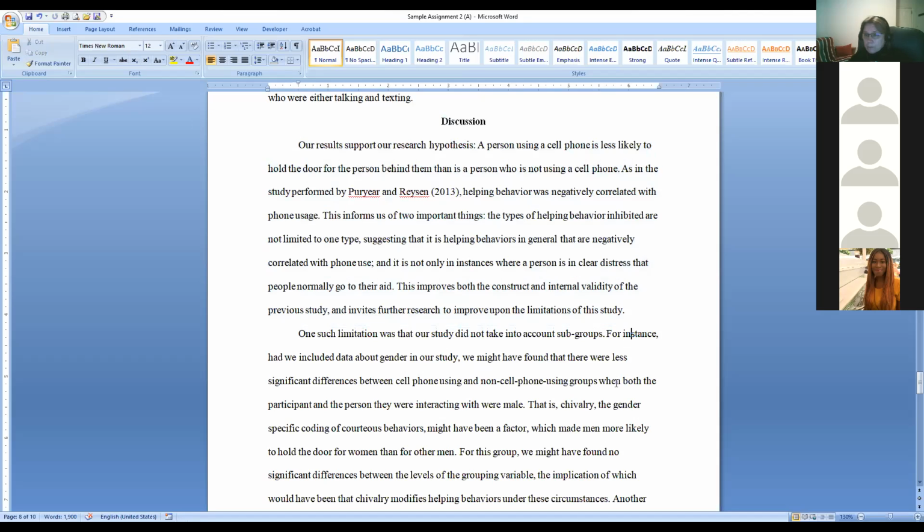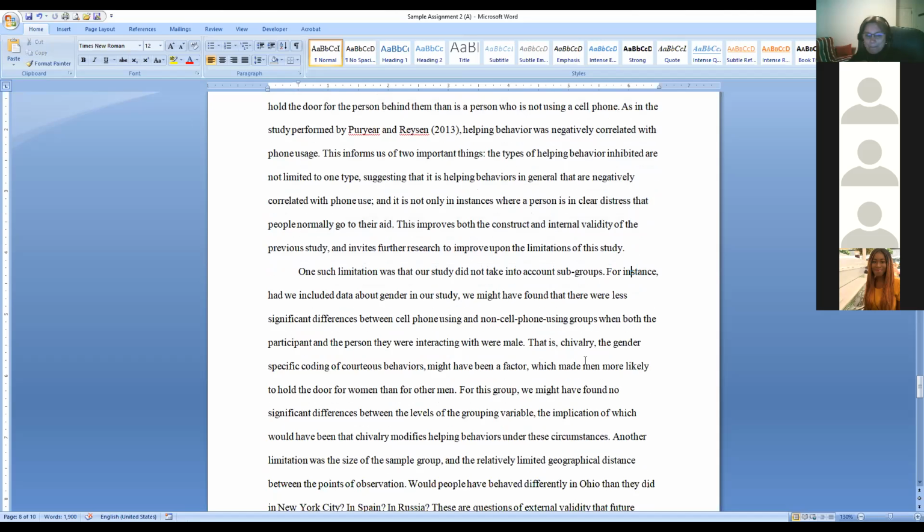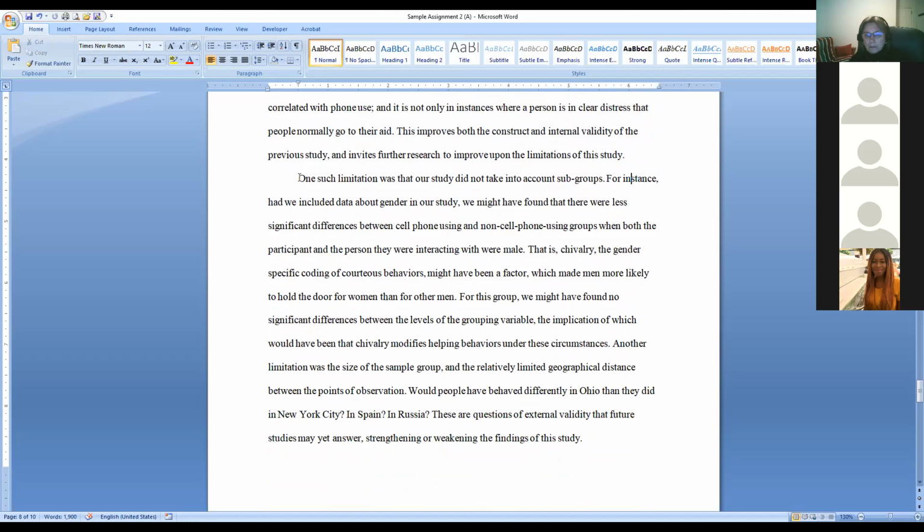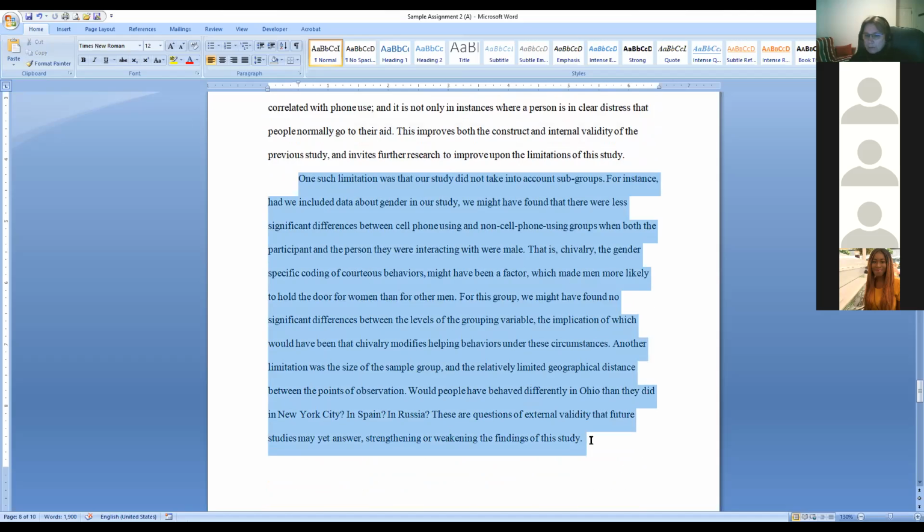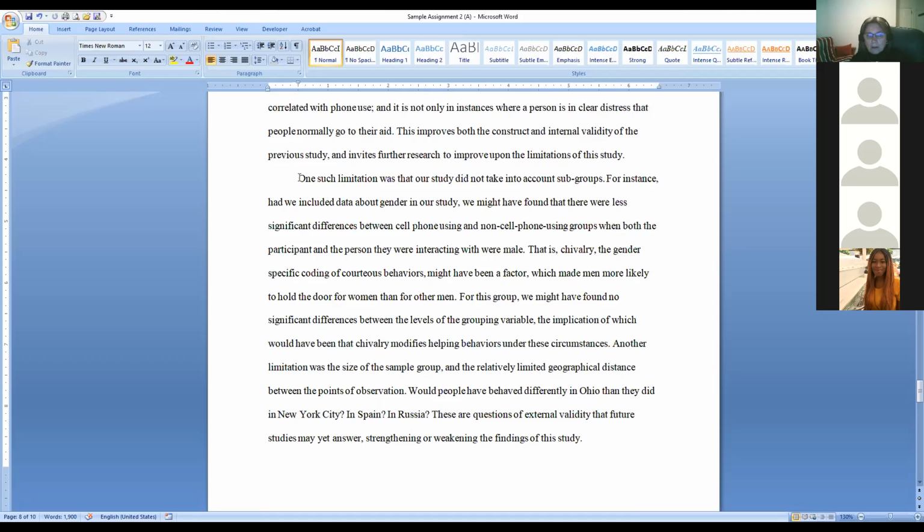Now, if it is confirmed, going one way, you have a chance to talk about extensions and future work. So here they say, all limitations. They say one of the limitations is we did not take into account subgroups. So perhaps men are more likely to hold the door because it's expected of them than women, but they didn't do that.